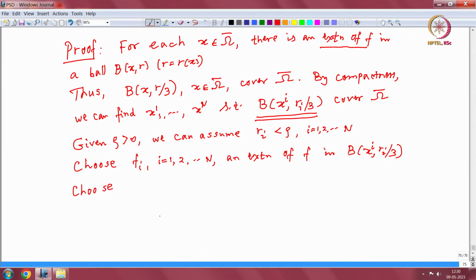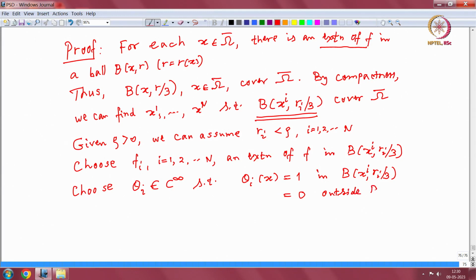Choose theta i, a C infinity function, such that theta i of x is equal to 1 in B(xi, ri/3) and 0 outside a larger ball B(xi, ri/2). Here is a small figure: this is ri/3 and this larger one is ri/2, and here theta i is 1 and here theta i is 0.